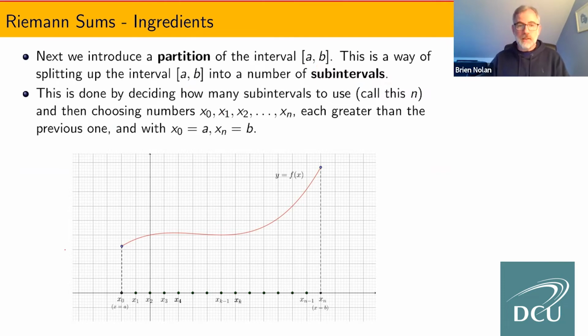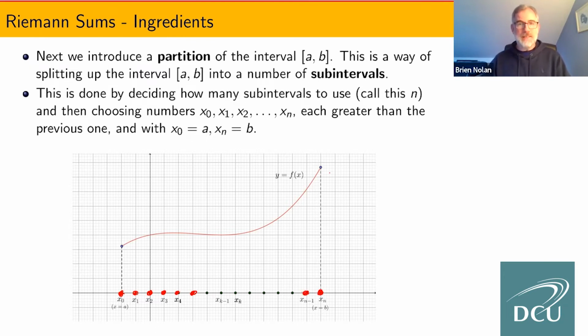We do that by starting at x equals a, and for notation reasons, I'm going to call that x0. Then I move to the right and identify an x1, move to the right again and identify an x2, an x3, an x4, an x5, and so on until I get to the end. And the last one I'll call xn.